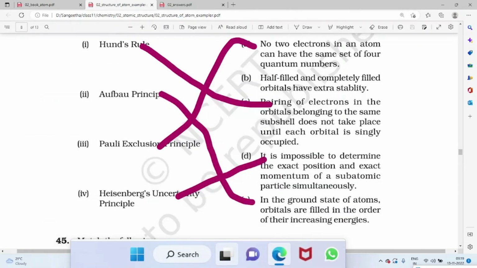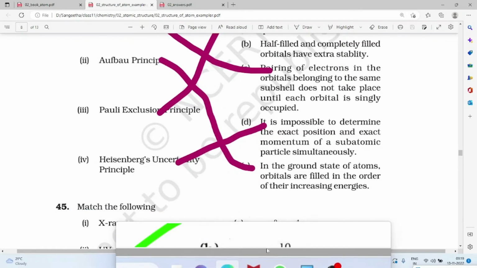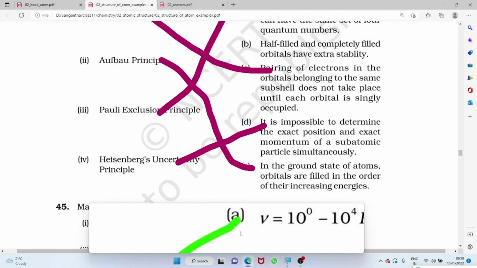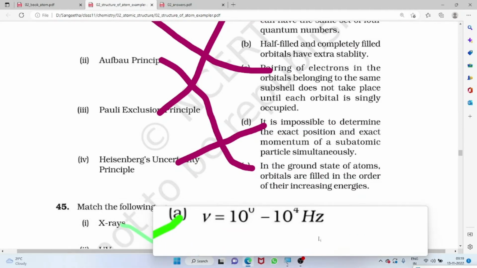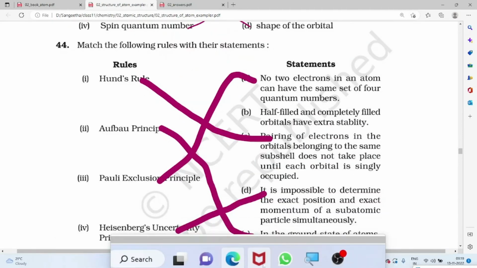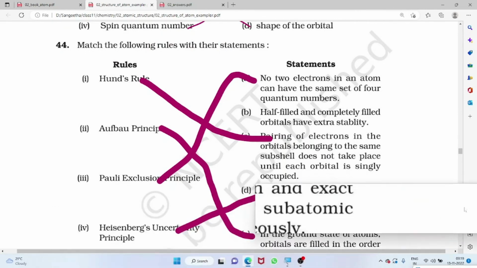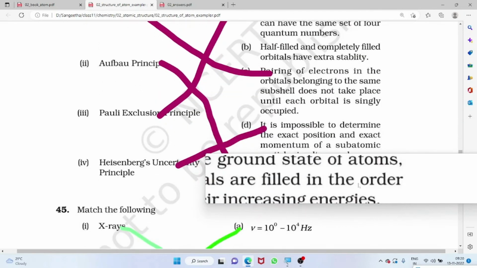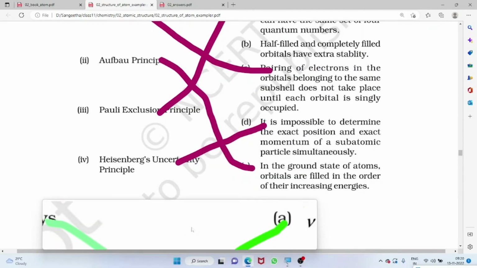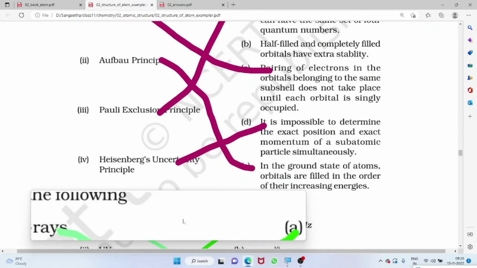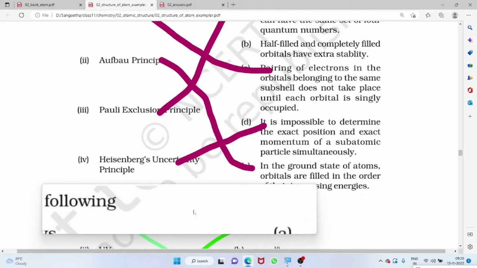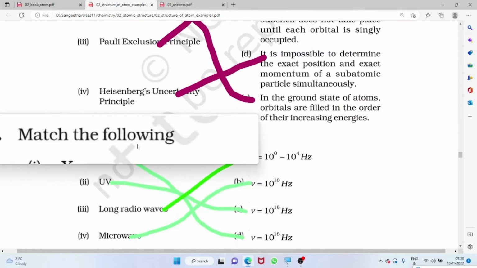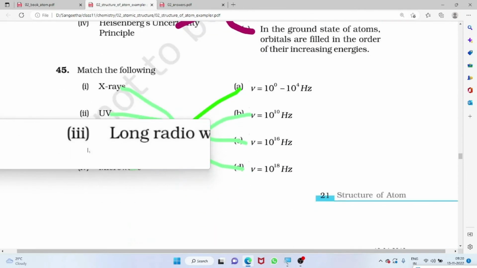Aufbau principle: in the ground state of atoms, orbitals are filled in the order of their increasing energy. Pauli's exclusion principle: no two electrons in an atom can have the same set of 4 quantum numbers. Heisenberg uncertainty principle: it is impossible to determine the exact position and the exact momentum of a subatomic particle simultaneously.